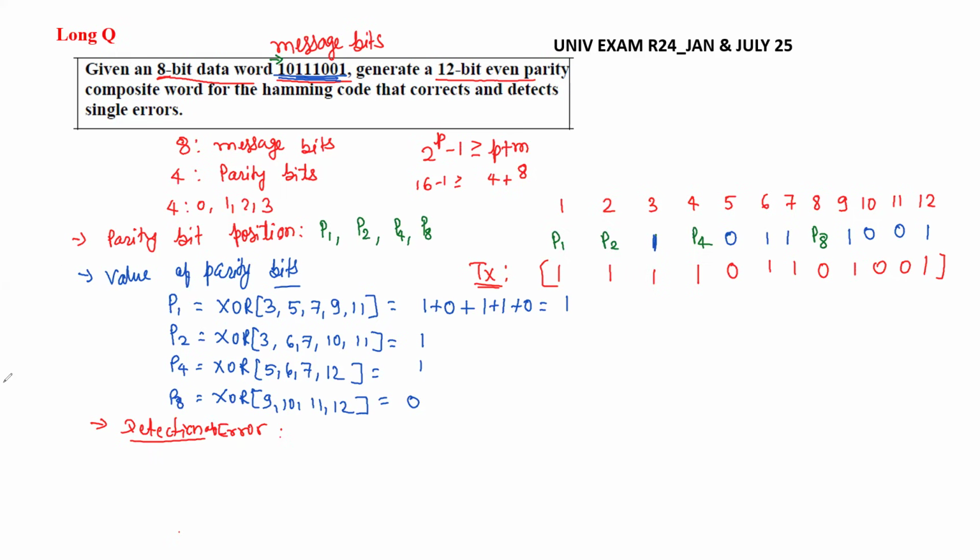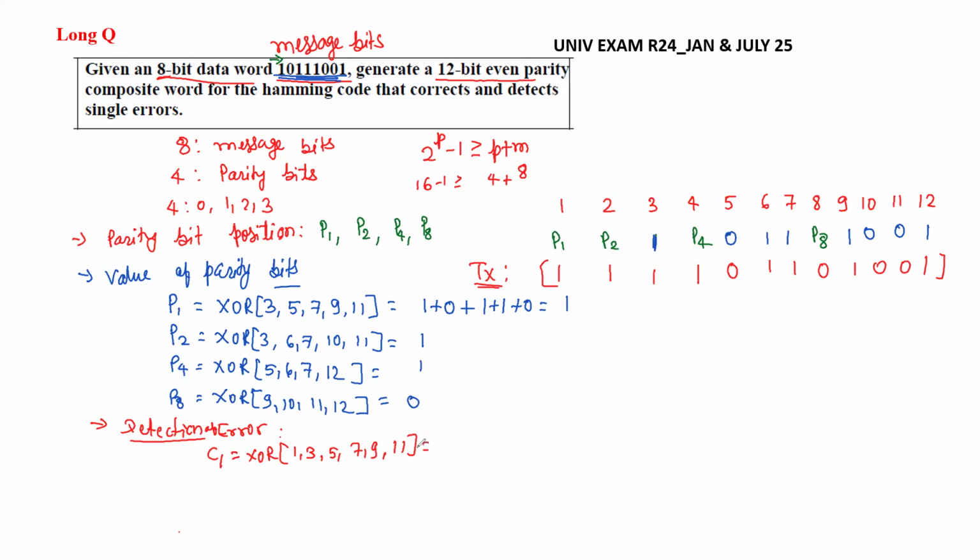Okay. Now for the correction, again we have logic for that. That is C1. For that we have to take the XOR of P1 and positions 1, 3, 5, 7, 9, 11. These are the bit positions we have to check.